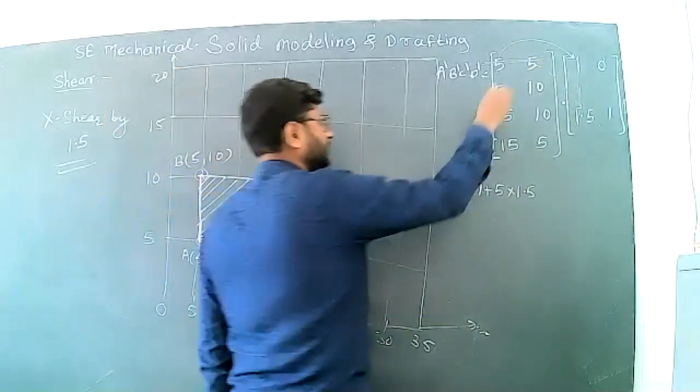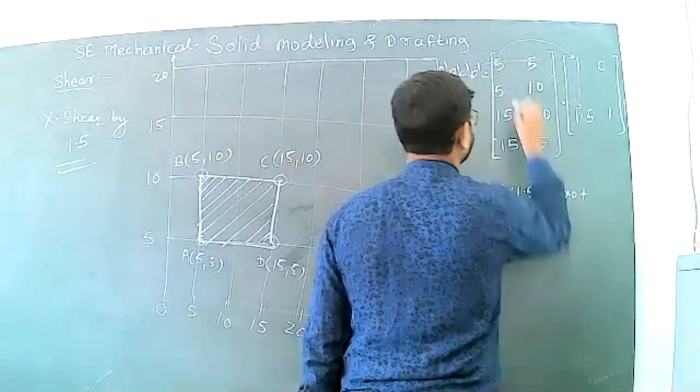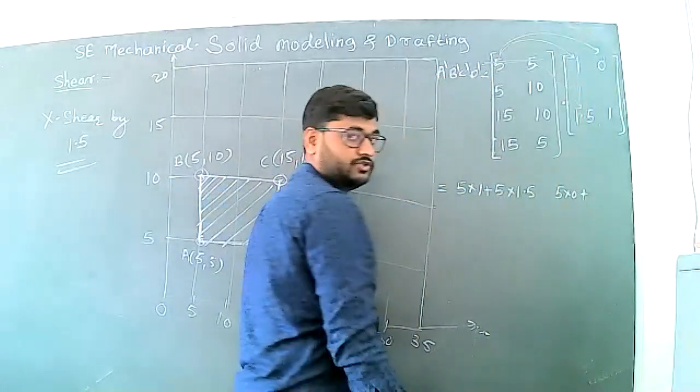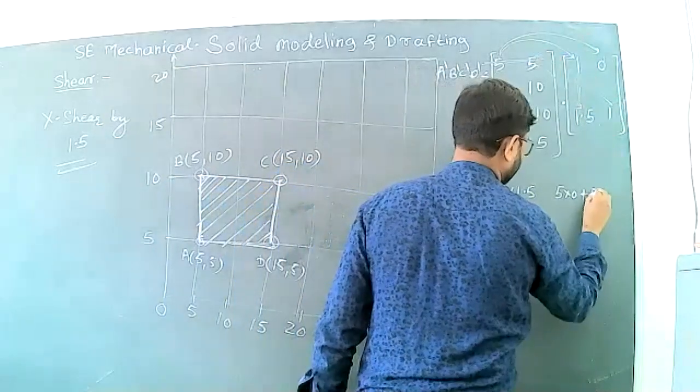And the second element is 5 into 0 plus 5 into 1.